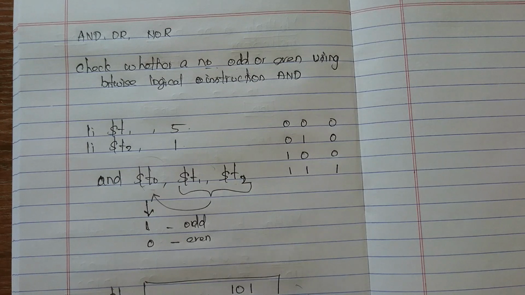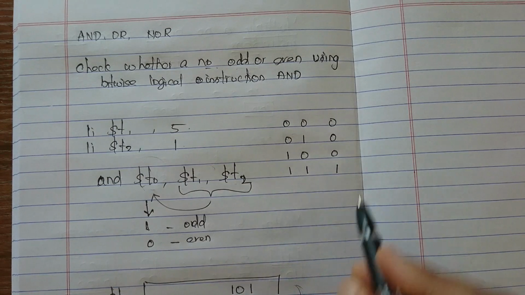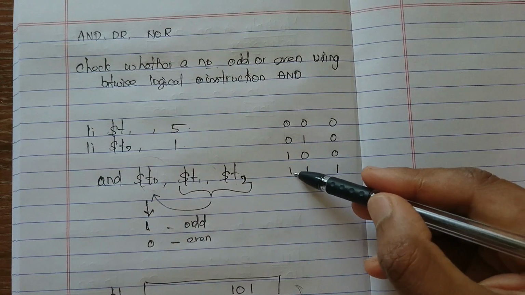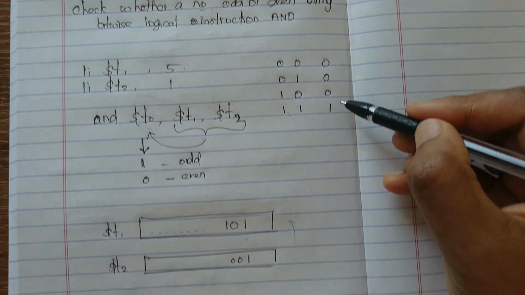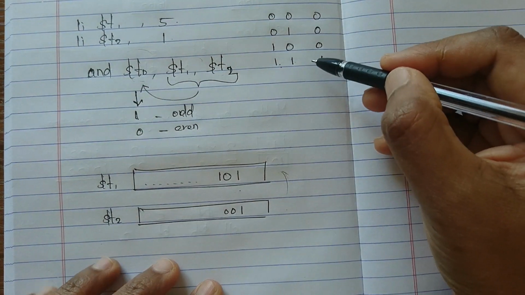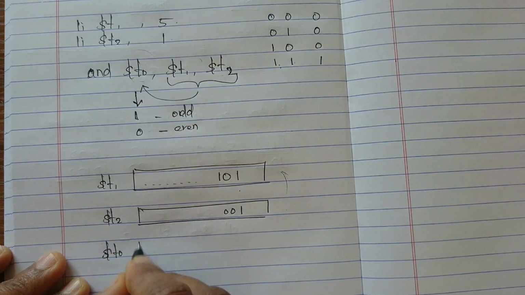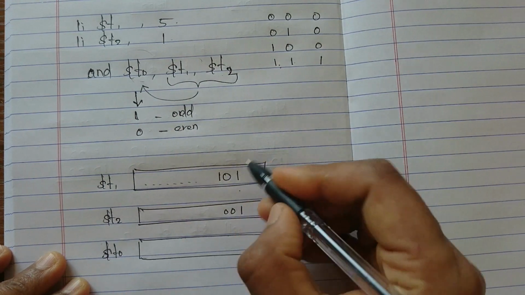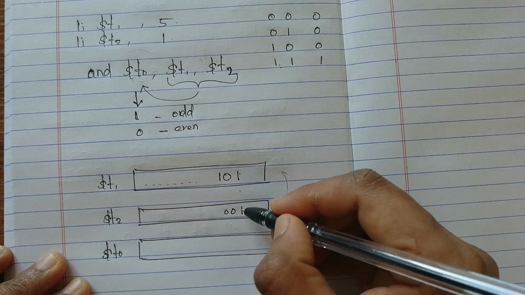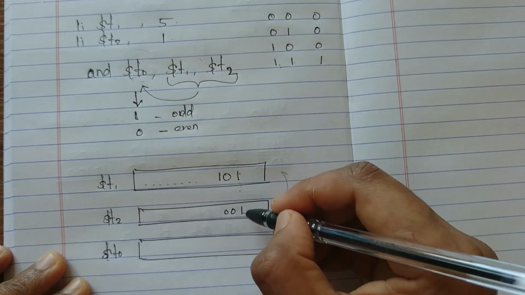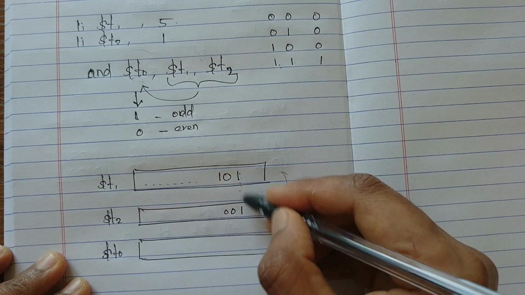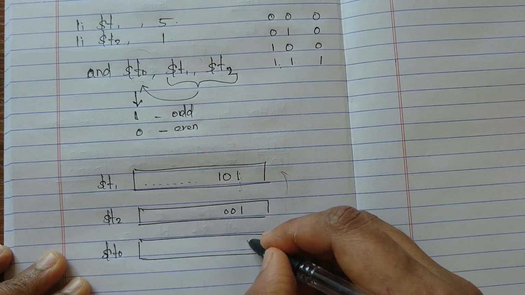When I do AND, the AND truth table is here. If both the bits are 1, you get a 1. So what will be the result of T0? The least significant bit is 1 in both, so you get 1.